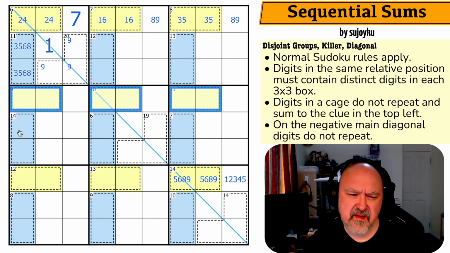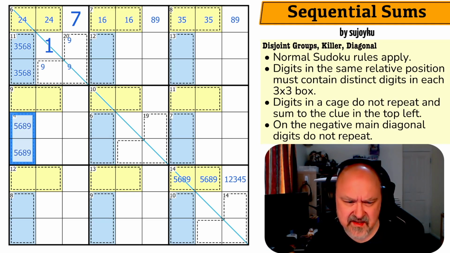What can this 14 be? 9, 5. This is also 9, 5 and 8, 6. Doesn't that mean I have to have a 6 or an 8 in here? And I have to have a 6 or an 8 in here.